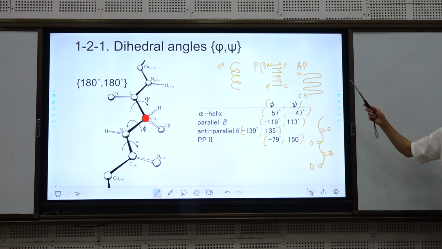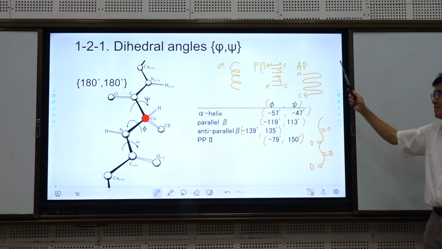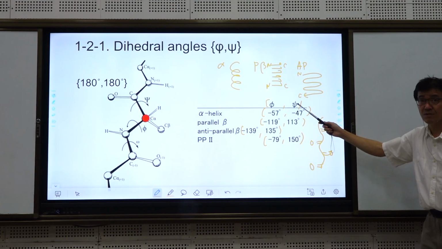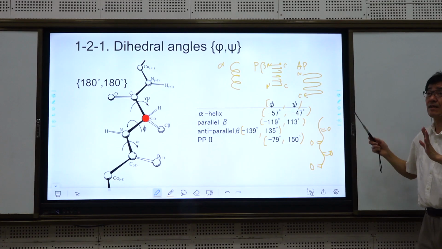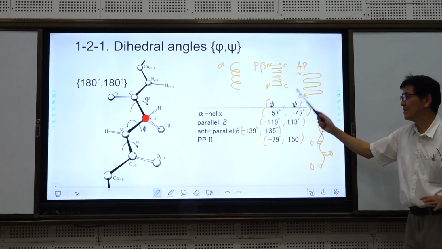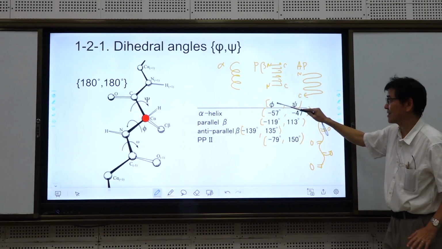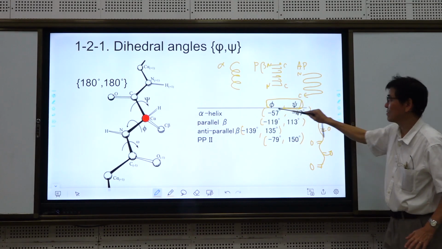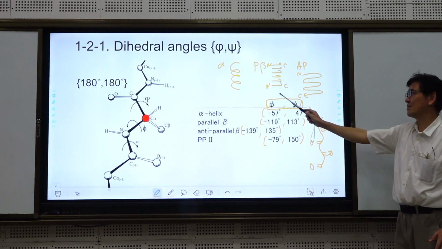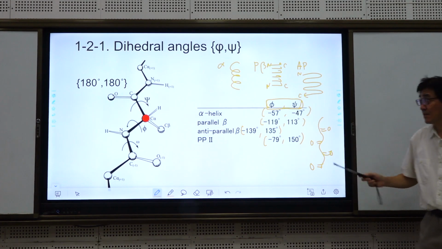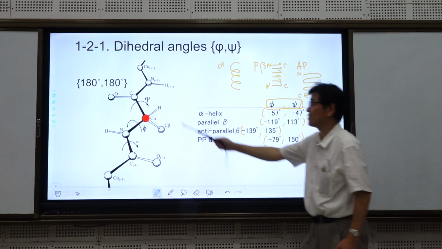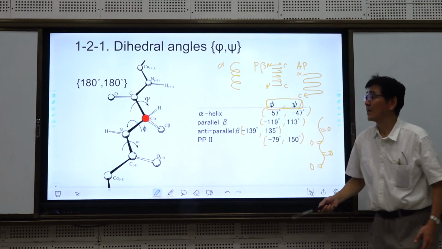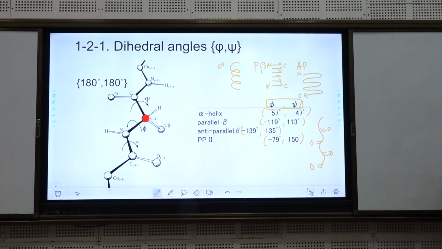So this parameter is employed in today's talk. So at least please understand why we introduce the parameters, so-called dihedral angles here. The purpose is to describe the main chain structure with a convenient parameter.